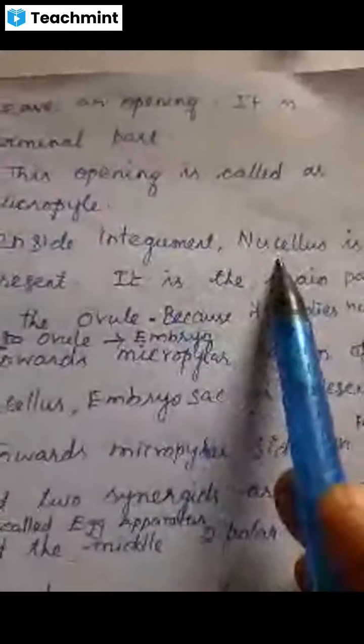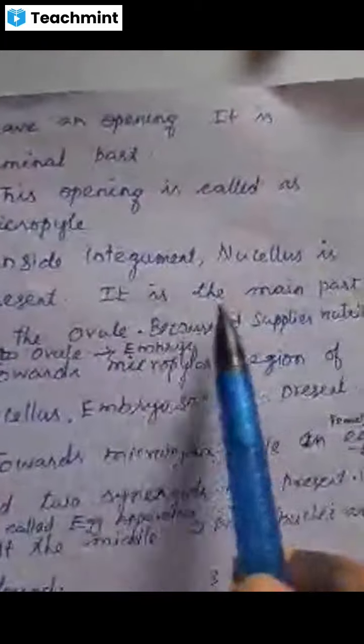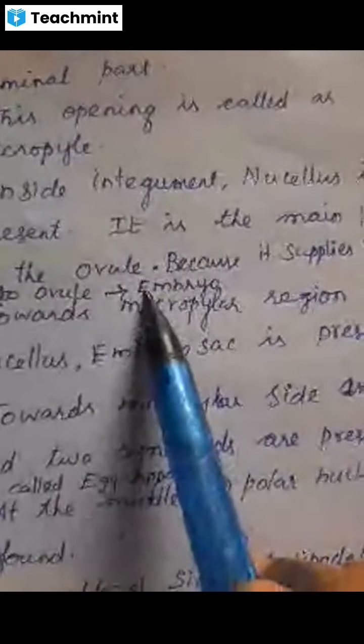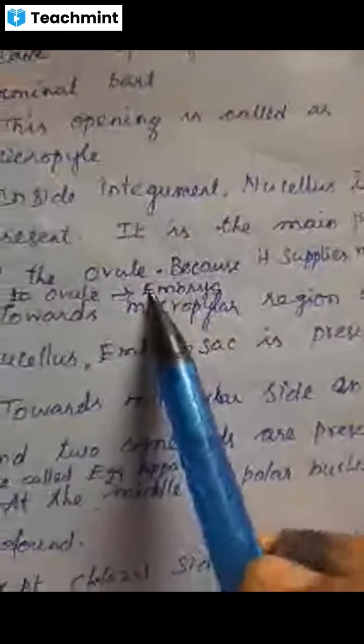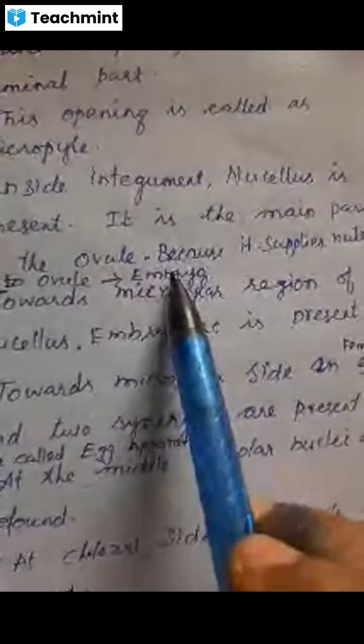Inside the two integuments, the nucellus is present. The nucellus is the very important main part of the ovule because it supplies nutrition to the ovule as well as the developing embryo. After fertilization, the ovule becomes an embryo.